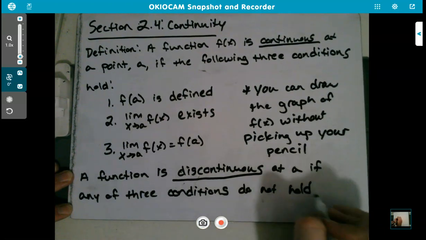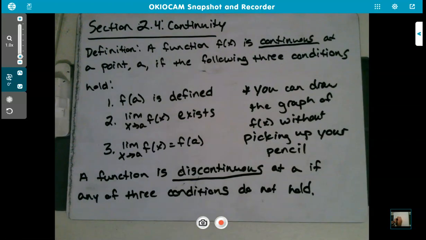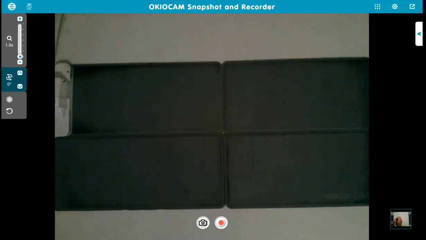So they have to all be true. So what I want to do first is practice figuring out if a function is continuous at a point. So let's do some examples of being able to tell that.